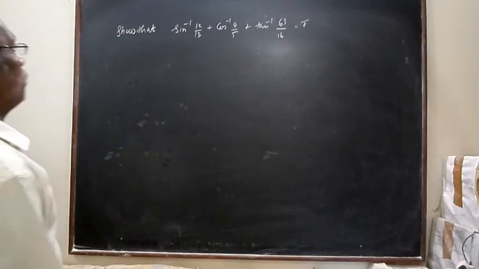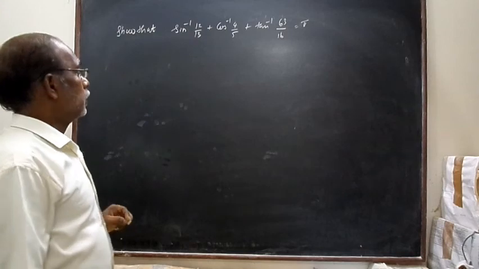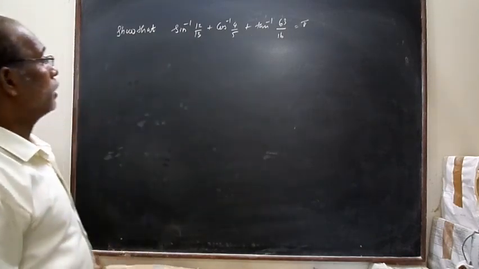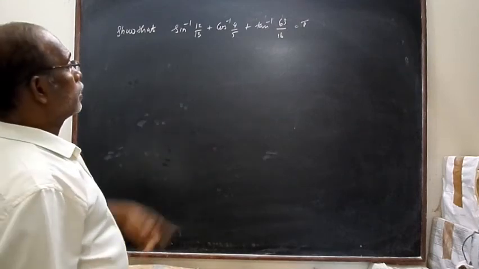Show that sin inverse 12/13 plus cos inverse 4/5 plus tan inverse 63/16 should be pi.